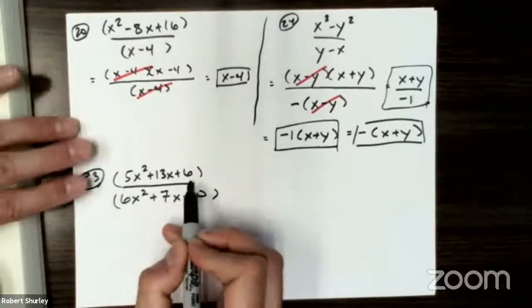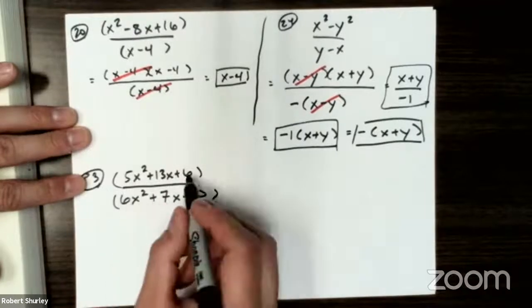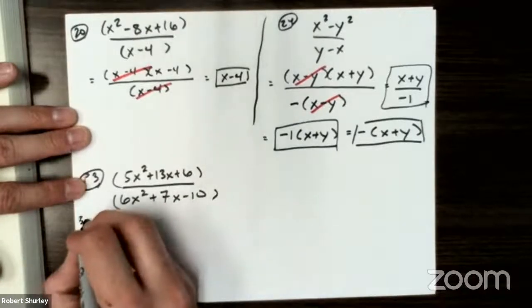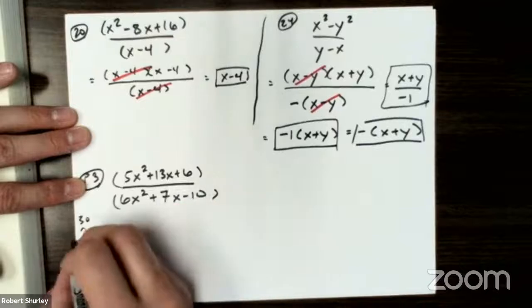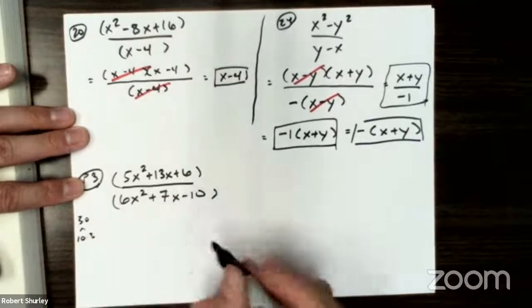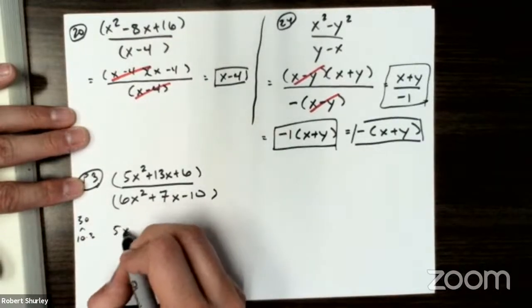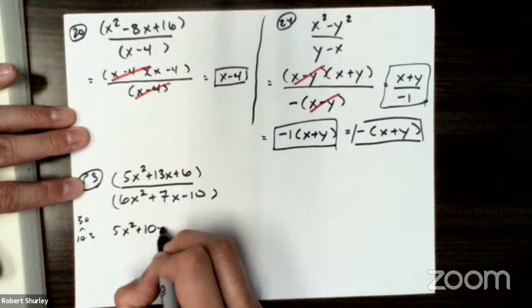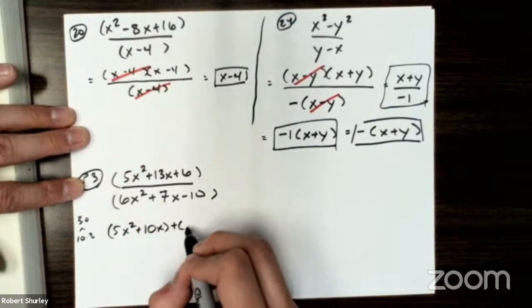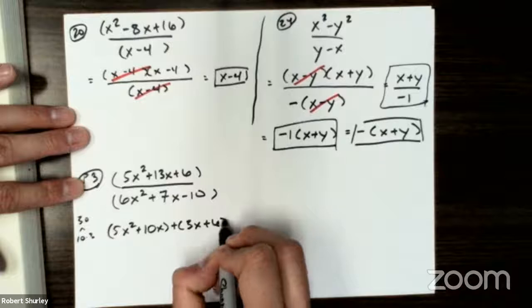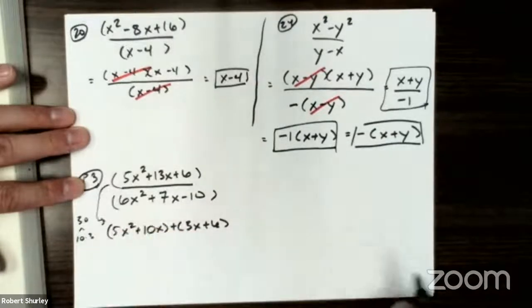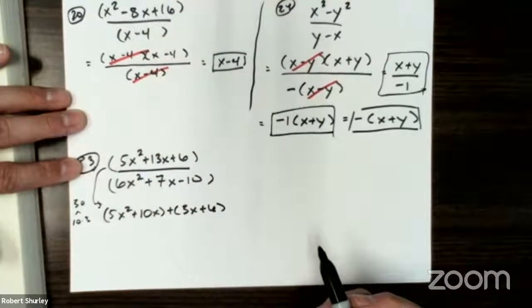So I'm going to look at this first one, and I'm going to factor. So 5 times 6 gives me 30. 10 and 3 add up to 13. So this would become 5x squared plus 10x plus 3x plus 6, right? This is just the numerator factor.